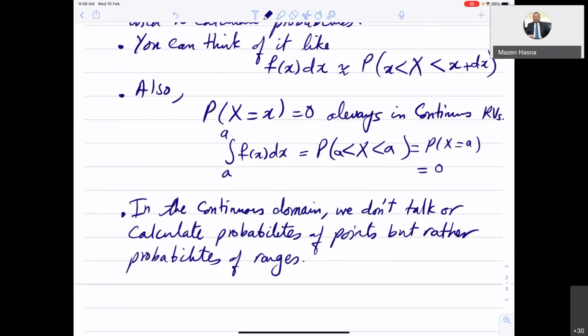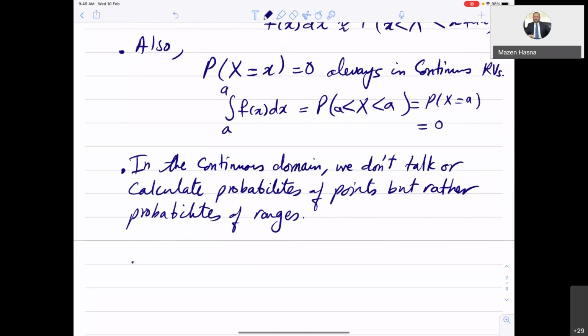Okay, so this is the most important part that you should have in mind. In the discrete domain, probability has fixed values, so you distribute the probabilities over a fixed number of points. That's why you have certain probabilities for certain points. However, in the continuous domain, we have a curve of probabilities, so we do not have a probability of a single point, but rather the probability of ranges between two points.